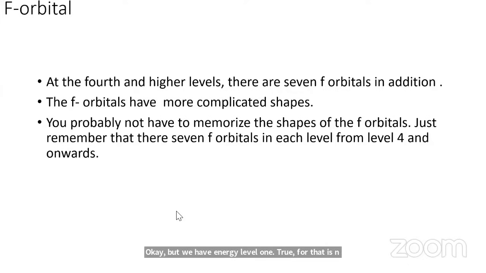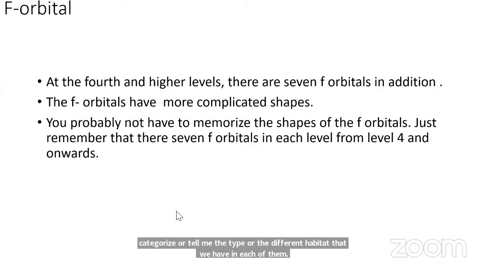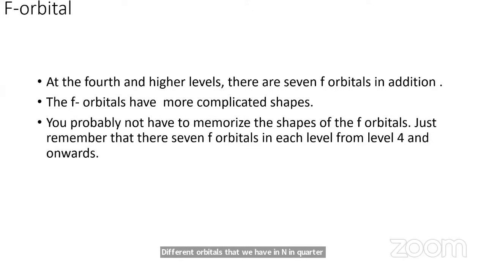For each of the energy levels, I want you to categorize or tell me the different types of orbitals that we have in each of them, starting with n equal to 1. You can go to question and answer and put down your answer, or you put it in the chat box.